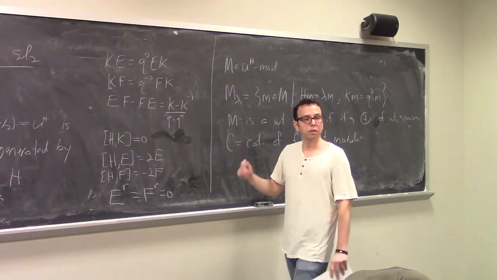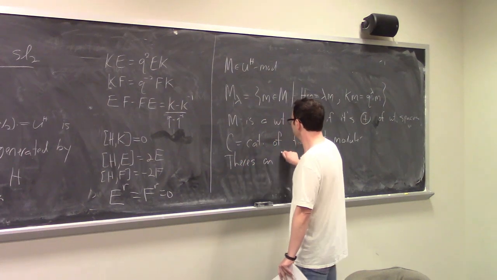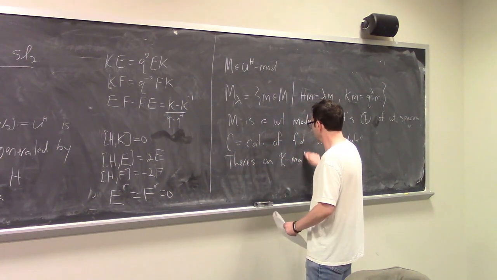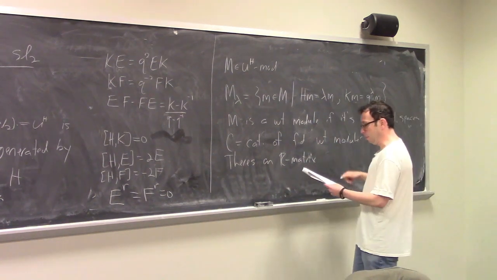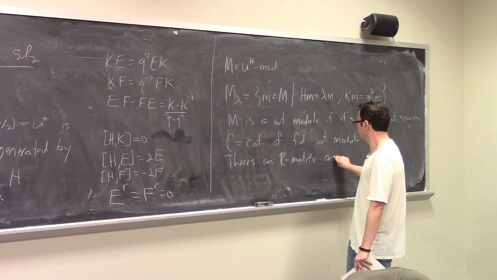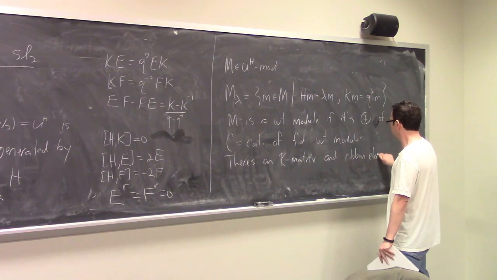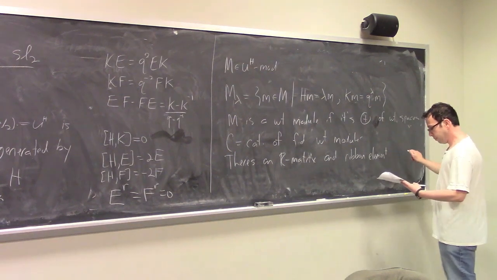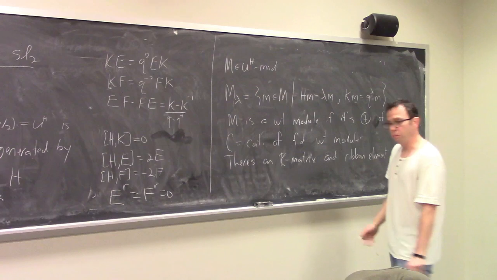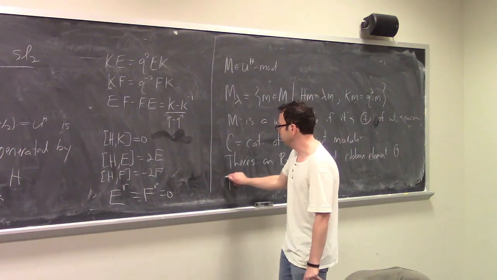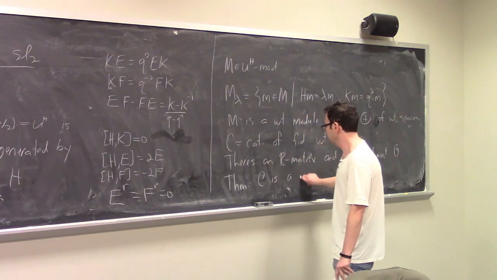There's an R matrix and a ribbon element theta. And so to say basically what Nasim was alluding to, the theorem is that C is a ribbon category.